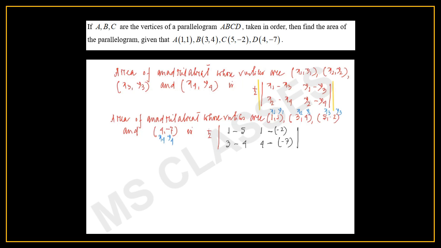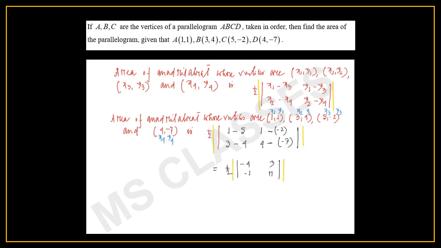Now we can simplify this one and write half of mod of minus 4 minus 1. Next we have here 3 and here we have 11. Now we take this with the mod for sure. Without mod, we cannot find the area.